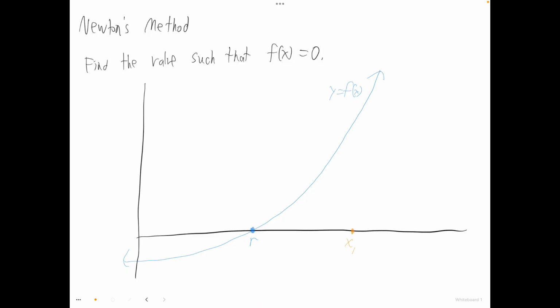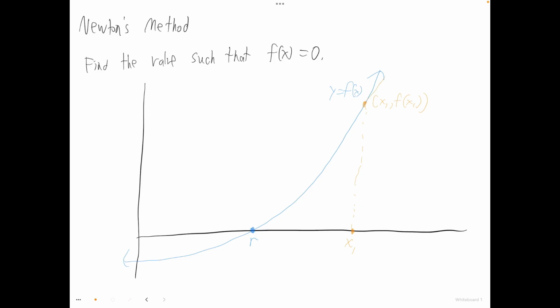Now what we do in Newton's method is we go up on the graph to the point with that x coordinate, so the point x1 comma f of x1. We find that point on the graph, and then we take the line tangent to the function y equals f of x at that point.